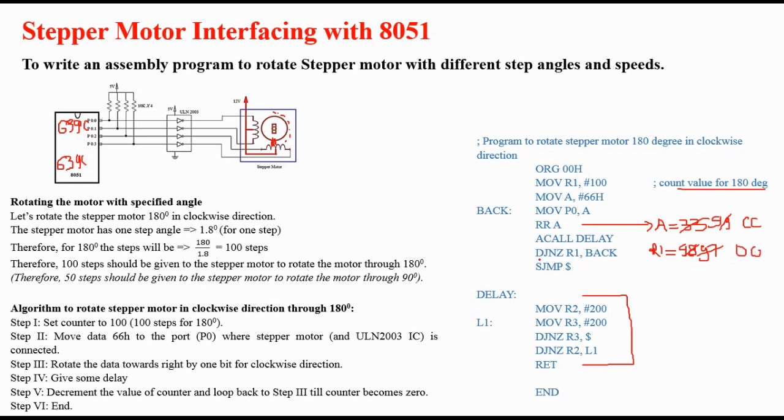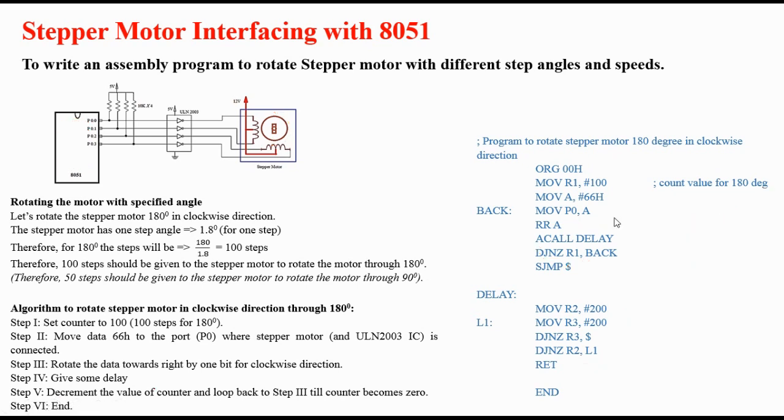So decrement the value of R1. R1 is 00 now. Jump if not 0, but R1 is 00 now, that's why don't jump. This instruction will become false, and a jump dollar means this instruction will get executed again and again for infinite amount of time. So in this way we have rotated the motor with 180 degrees in a clockwise direction.